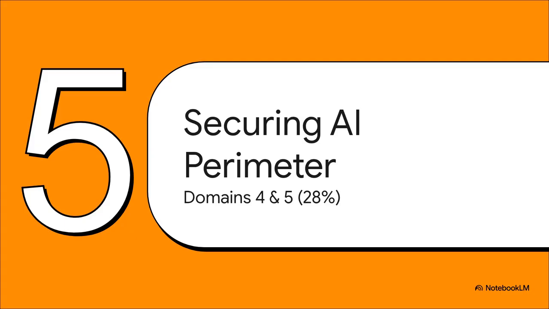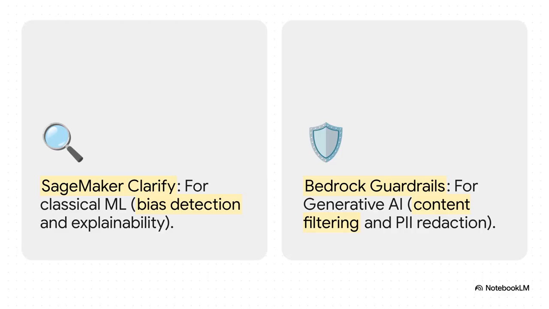Make sense? Okay, bringing it home with Section 5, Securing the AI Perimeter. This covers domains 4 and 5, representing 28% of your score. I really want to highlight another major exam trap right here. Both of these are responsible AI tools, sure, but they solve completely different problems. SageMaker Clarify is designed specifically for classical machine learning.